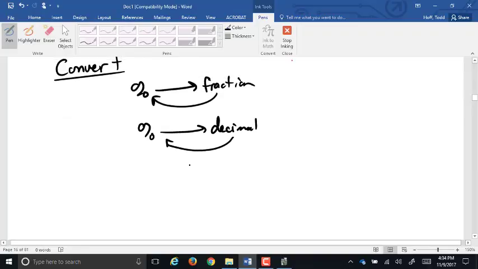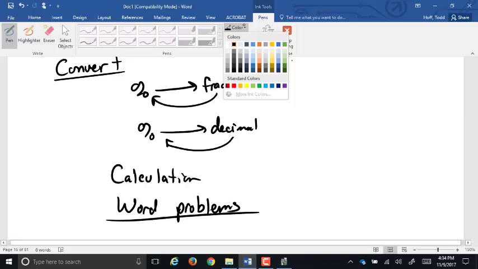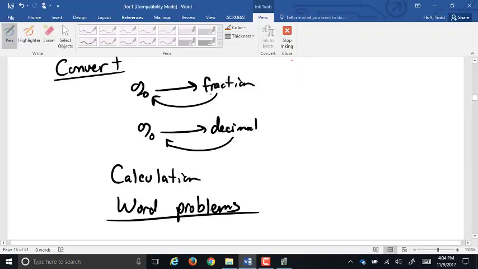Then you're going to have to do all those calculations and word problems that we've just been doing. I know you guys are starting to love word problems by now, right? Did they hurt as bad as they did 11 weeks ago? They do? I'm sorry.